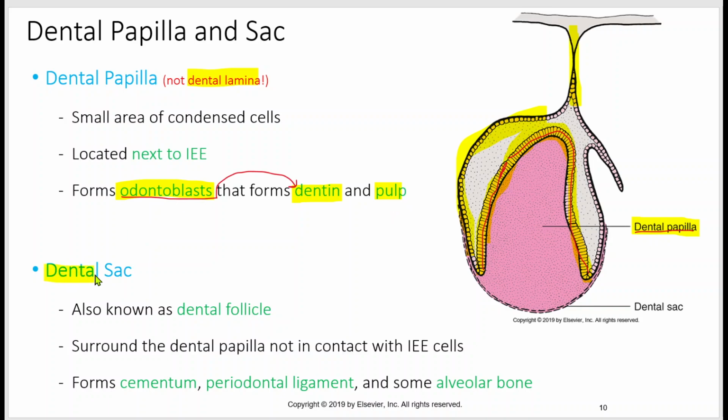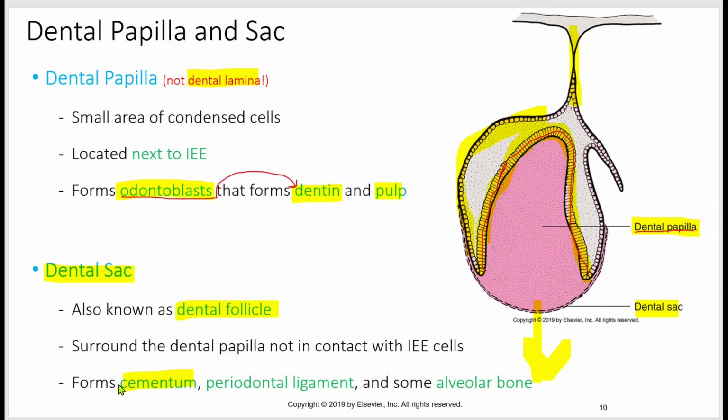So the cementum is made by the dental sac, and the dental sac is these cells that technically surround the dental papilla, right? This would form the crown part and all of that, and this will start going down, along with other ones, to start forming the root part in a way, and the cementum. So dental sac, by the way, is also known as the dental follicle.